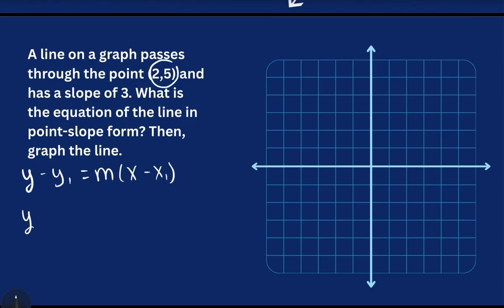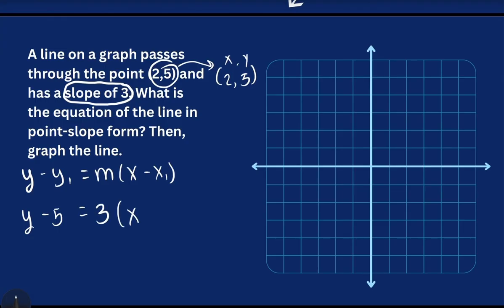And here they give me my point, which is (2, 5), our x comma our y. So that means that our y1 is going to be 5, equals m, which is our slope, which they also tell us right here. So I'm just going to put 3 instead of m, and then that x stays the same, minus x1, which is 2. And that's it. That is my equation in point slope form.